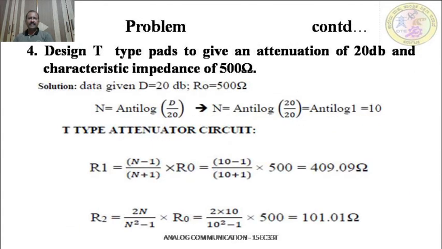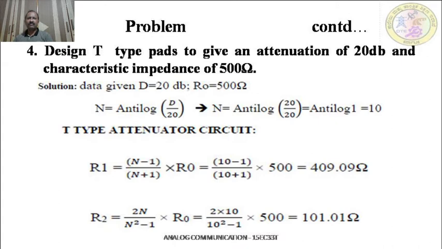Next problem: design a T-type attenuator or pad to give an attenuation of 20 dB and characteristic impedance of 500 ohm. Characteristic impedance 500 is nothing but the load or design resistance or impedance. Here also they give one decibel value and the R0 value.